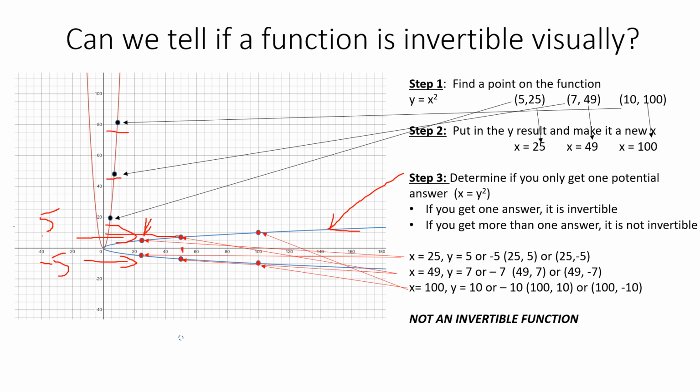I don't know if that should be 7 or negative 7, because they both cross that, it doesn't pass the vertical line test. And then even 100. When I put in y for 10, I get 100. When I put in negative 10, I also get 100. So the question is, which one do I choose? I don't know. And that's why this is not an invertible function.